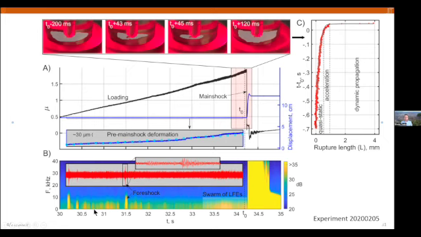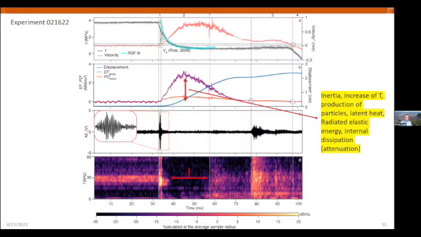Using acoustic emission, we can see also a series of events happening before the event. This is the entire loading of the sample. You see foreshocks here. You see a swarm of low frequency events just before the event itself. You see the slow deformation of the sample, which has been measured both by the sensor and by looking with the camera. But the most striking part that we found is that the acoustic emission really show very well what happens on the fault.